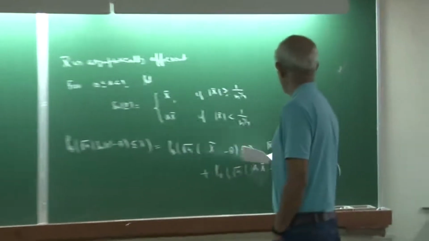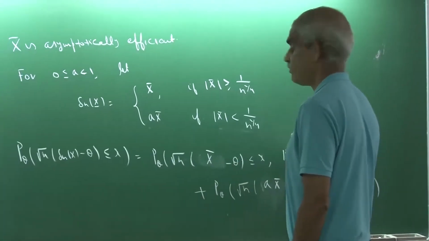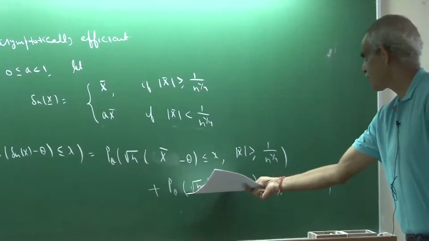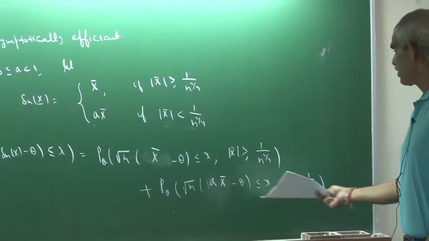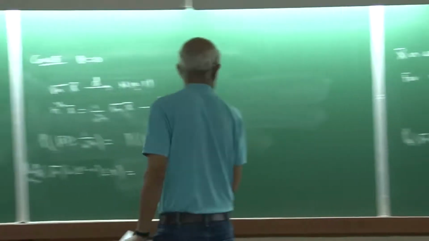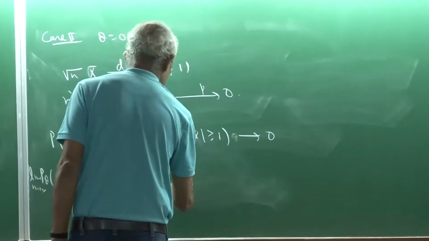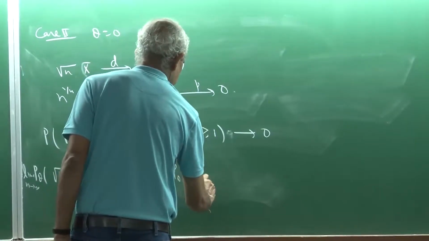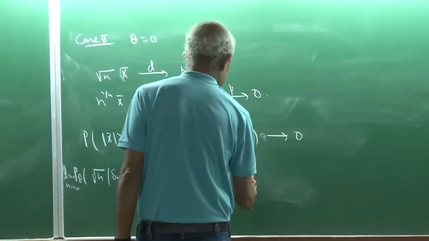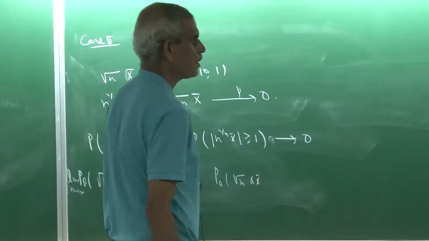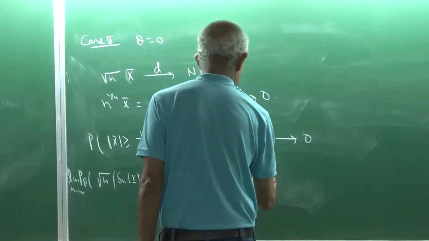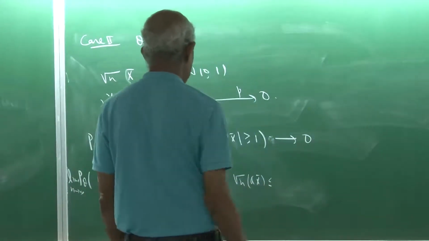This limit would go to 0 because probability of A intersection B would be less than or equal to probability of this, but this itself is going to 0. So this would be the same as the limit of this, but by the same argument as in the last case, this would be the same as the probability that root n a x bar is less than or equal to x.